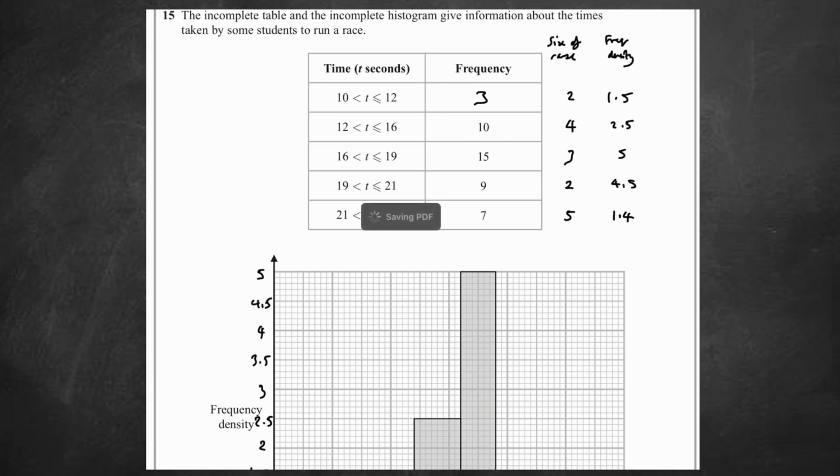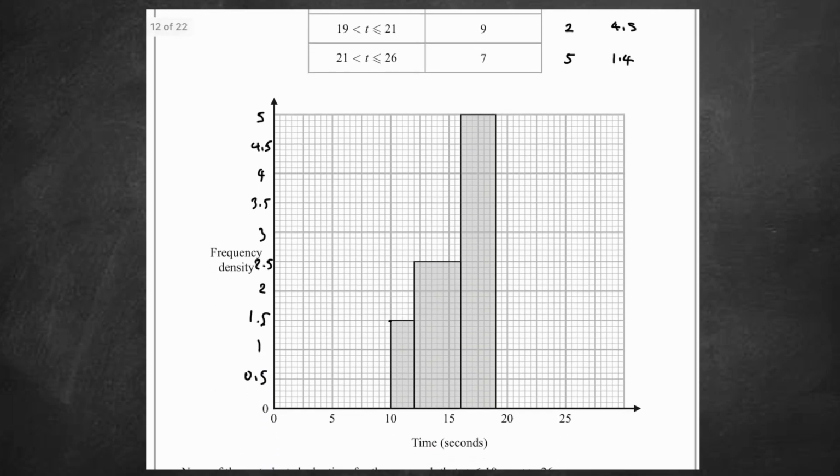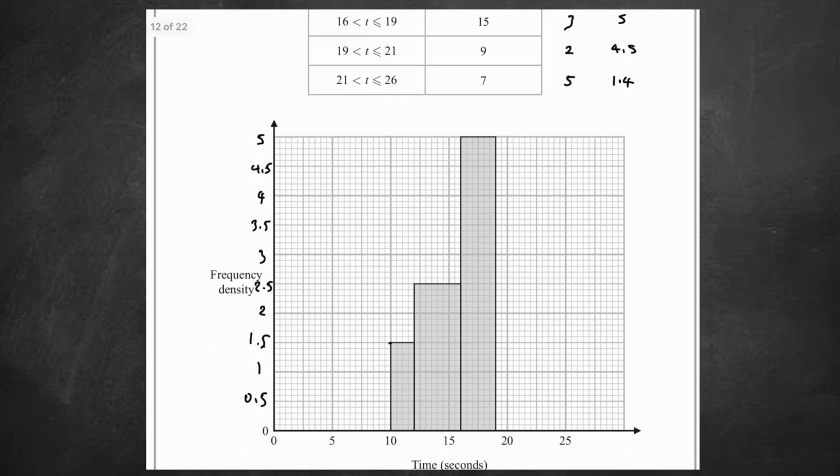Then we also need to draw on the histogram for the other missing amounts. So 19 to 21 needs to go up to 4.5 on our graph. So 19 is here, 21 is just 2 squares after 20, 4.5, just like that.